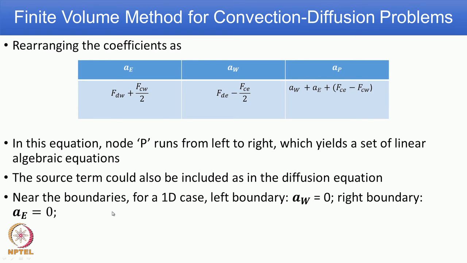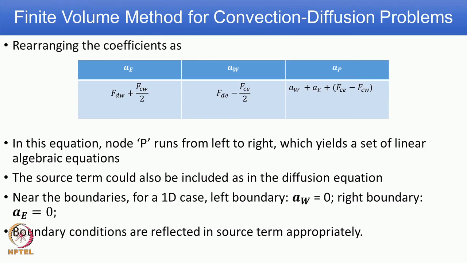And near the boundaries, in this 1D case, for the node near the left boundary there is no west node, hence coefficient AW goes to 0. Similarly, for the node near the right boundary there is no east node, hence coefficient AE goes to 0.